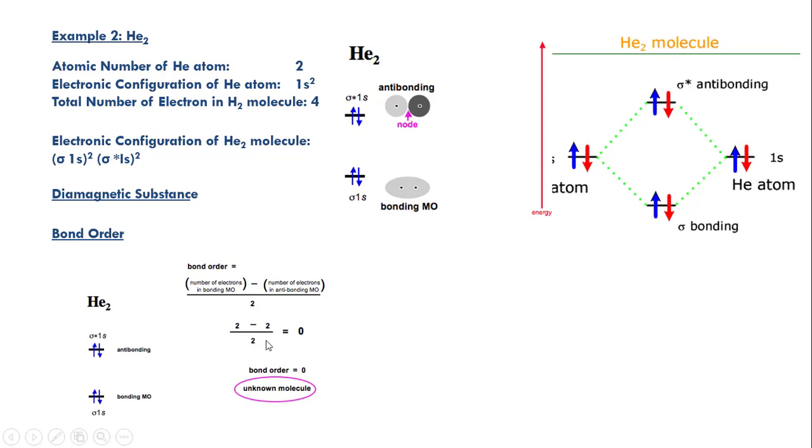So 2 minus 2 gives 0, divided by 2 is 0. That means the bond order is 0; no bond takes place between the two helium atoms. As per molecular orbital theory, the two helium atoms never combine with each other. So this is an unknown molecule. There is no bonding between helium and helium.